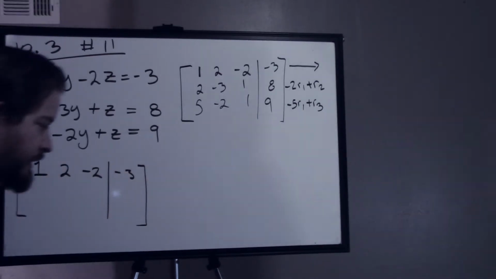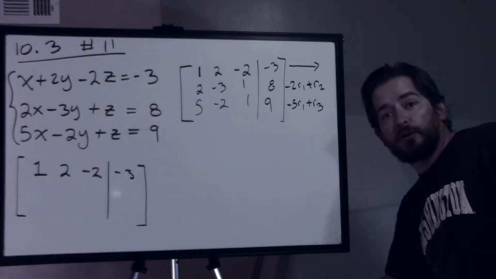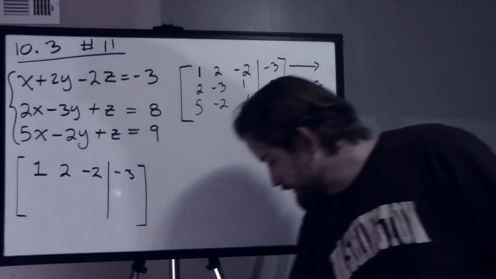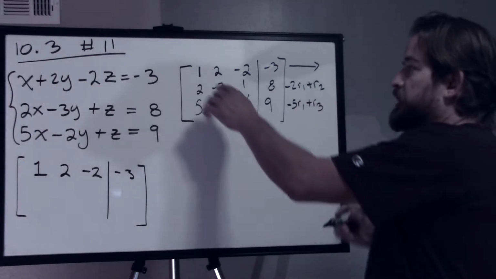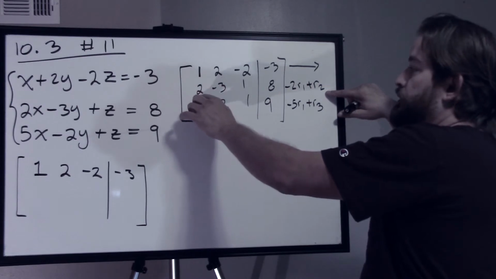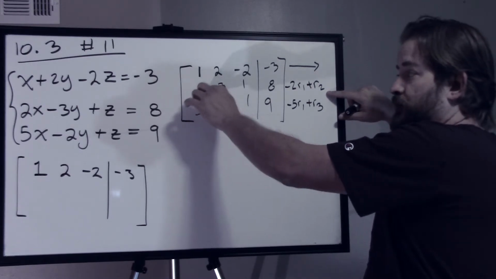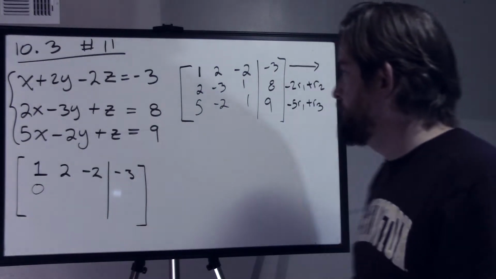Okay. Now I need to go through and do these operations for the second and third row, so let's do this. Negative 2 times the element here in row 1 is negative 2, plus that element in row 2 is negative 2 plus 2 is 0. That gives me exactly what I was looking for.